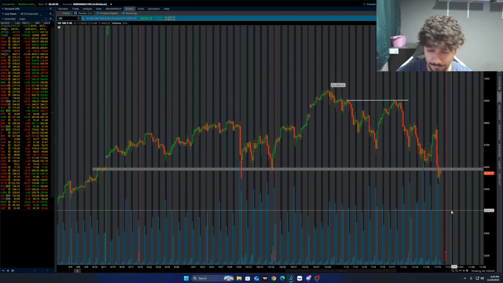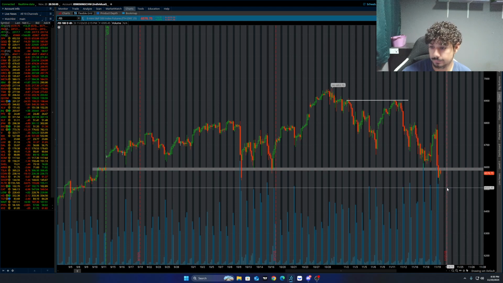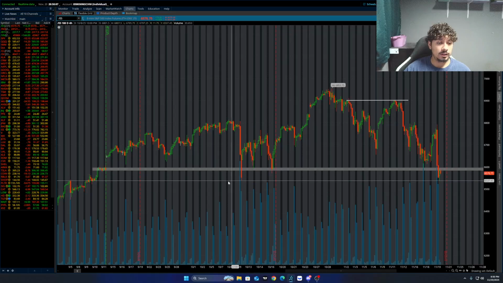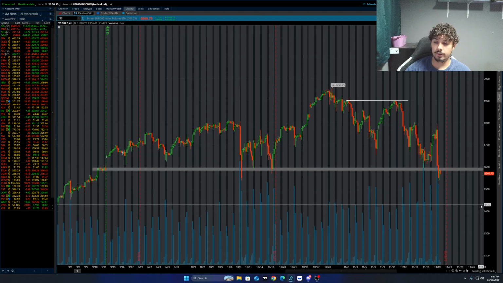First of all, let's look at ES. Just like I said last video, we made this little pop area, demand area, support area. Basically, the way I'm looking at this is looking for shorts tomorrow.